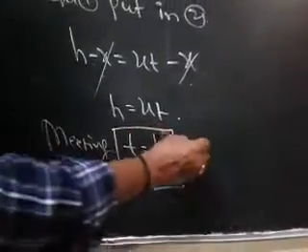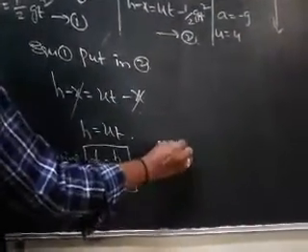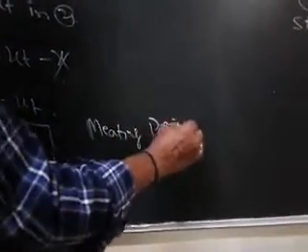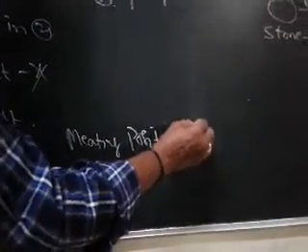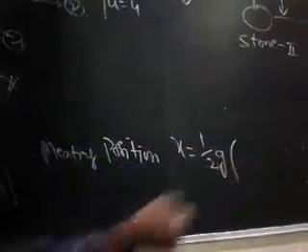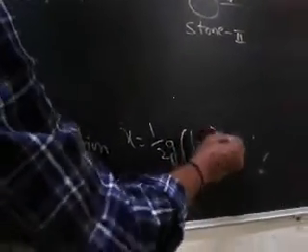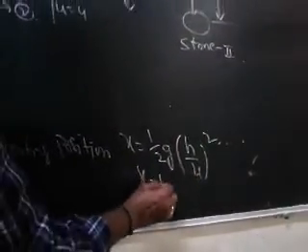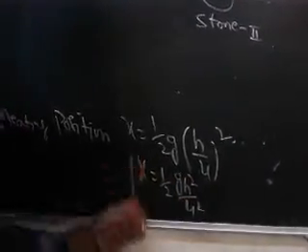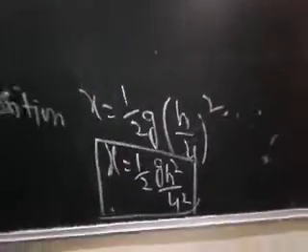Next, meeting position: x is equal to half g t square, with t equal to h by u, so x is equal to half g h square by u square. This is the meeting position.